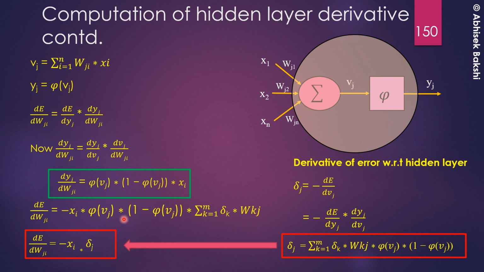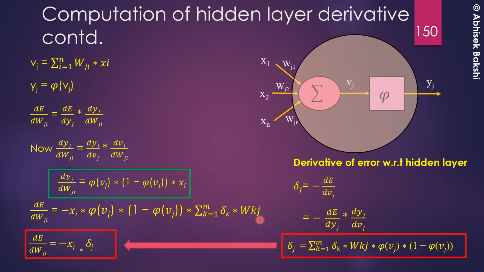It's pretty long: minus xi multiplied by phi of vj multiplied by 1 minus phi of vj, which is the derivative of the activation function, multiplied by the sum over k from 1 to m, over the output layer neurons, of delta k multiplied by wkj.